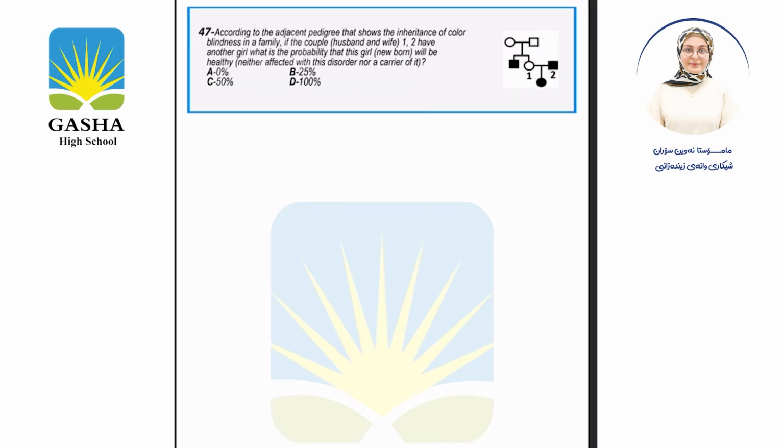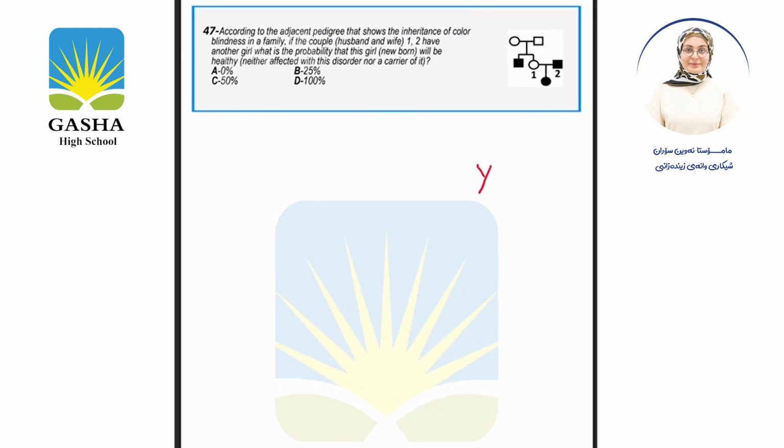Question 47. According to the adjacent pedigree that shows the inheritance of color blindness in a family, if the couple, husband and wife, want to have another girl, what is the probability that this newborn girl will be healthy, neither affected with this disorder nor a carrier of it? We know that color blindness is found only on the X allele.